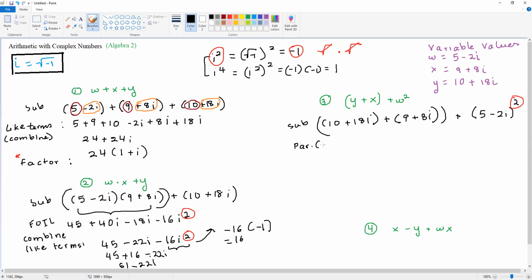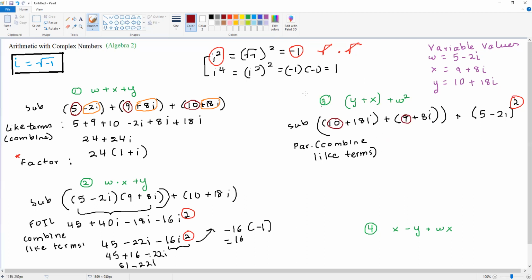I'm going to abbreviate to parent and combine like terms. And in the parentheses, we know that combining our like terms would be our constants, so our 10 and our 9.